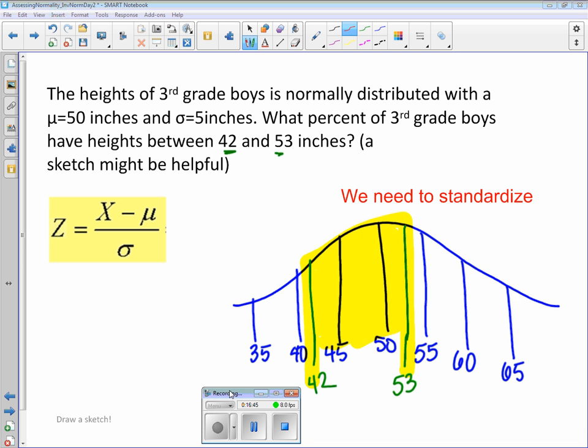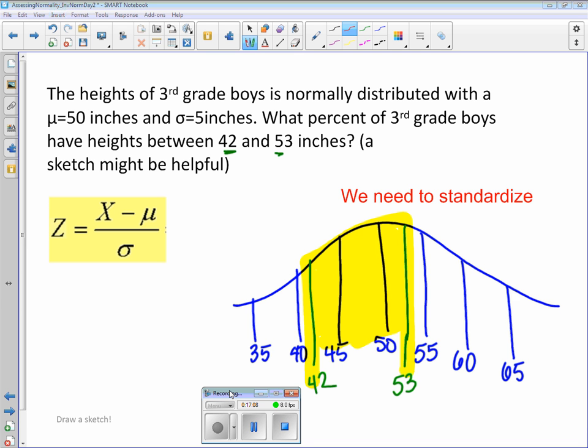A z-score is a standardized normal score. So if we're asked to look at a situation like this, where the heights don't fall on my 1, 2, and 3 standard deviations, then we're going to have to standardize our values.